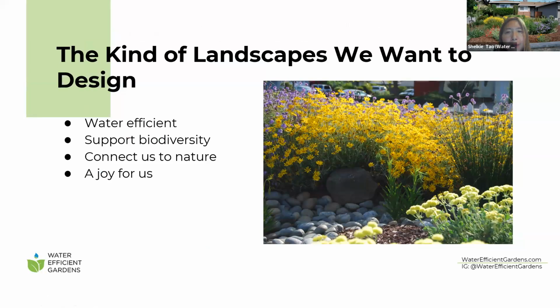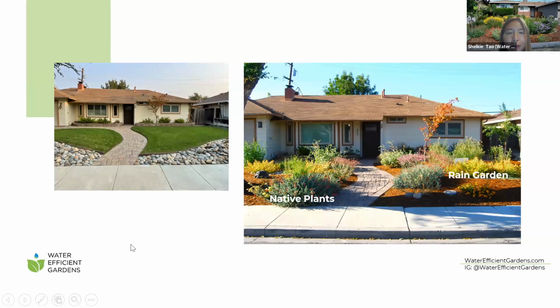So the kind of landscapes we want to design are these water-wise landscapes. They are water efficient, they support biodiversity, and connect us to nature with all kinds of native plants, and it is a joy for us. If you look at these landscapes, these plants are all native plants, and here there's a rain garden.